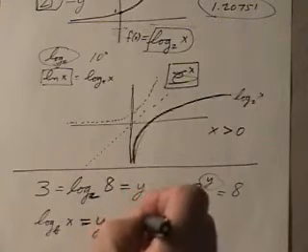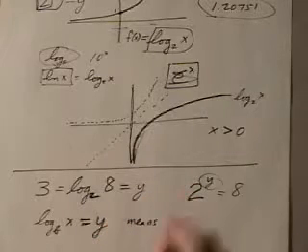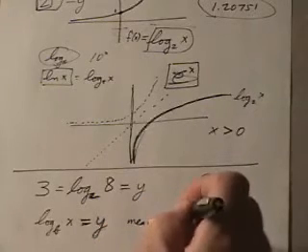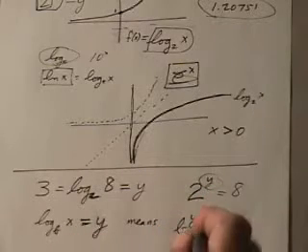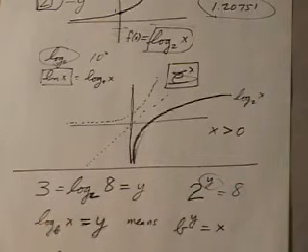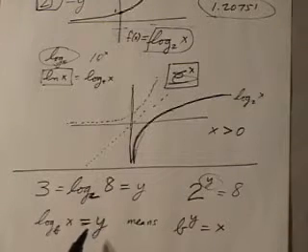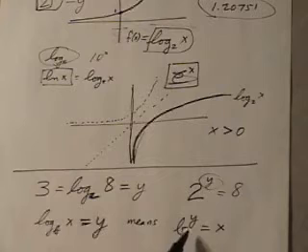Now, to put that in exponential form, you would say b, and the exponent is y. And what's that got to give you? Well, it's got to give you what's left, x. So anytime you have a logarithmic expression, you can unwind it like this to turn it into an exponential expression.